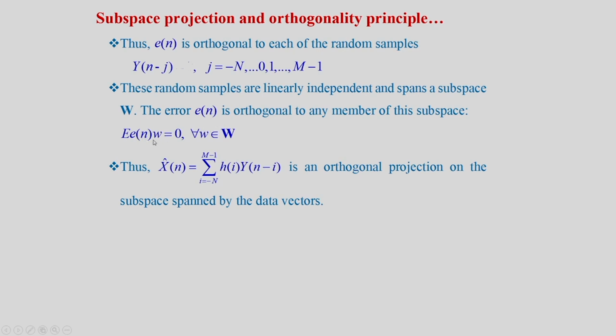E of e[n] into w will be equal to 0 for all w belonging to the subspace W. Thus, x̂[n], which is given by this expression, that is a linear combination of y[n-i], is an orthogonal projection on the subspace spanned by the data vector. So, this is an important observation: x̂[n], that is the Wiener estimate, is an orthogonal projection on the subspace spanned by the data vectors.